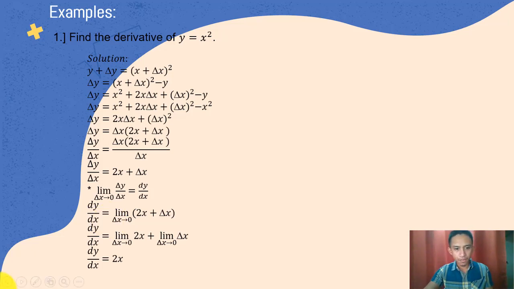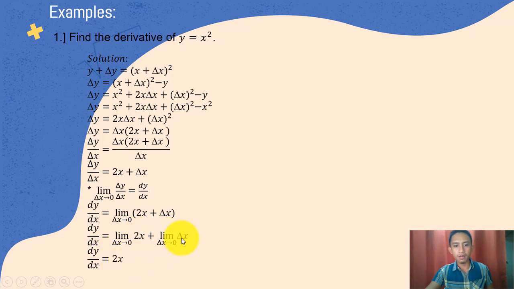Okay, so if I will apply the limit, that will be distributed. Okay, look here, your function is 2x and your variable that we are focusing on is delta x, so the limit has nothing to do with 2x because there is no delta x in your function, so that will remain 2x.